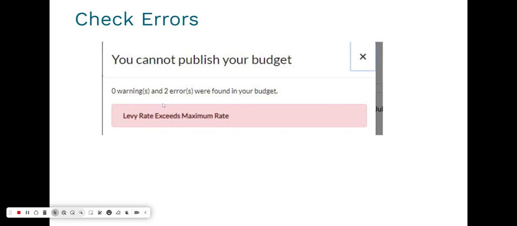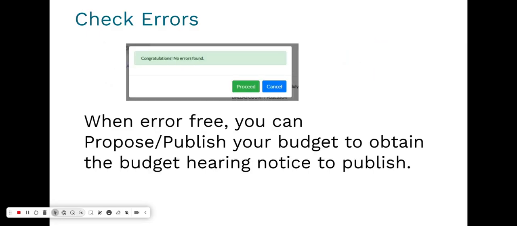So whatever dollars you requested, say for your general fund, if you're a public hospital, it pushed you over that 27-cent statutory levy rate limit, and you would not be able to proceed with your budget. When you're error-free, you'll get this green indication, and then you can propose and publish your budget to obtain that hearing notice you need to send to your paper.